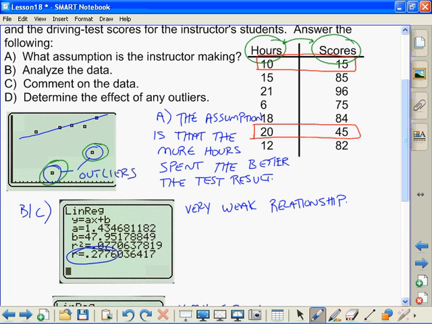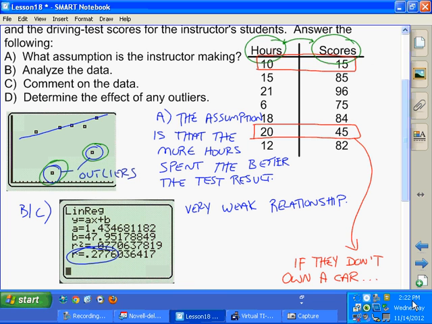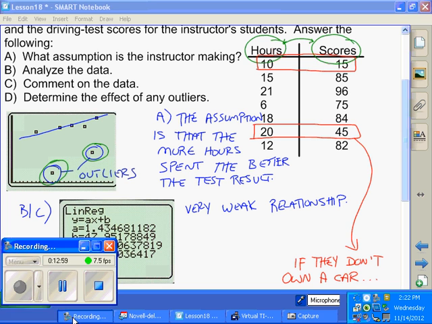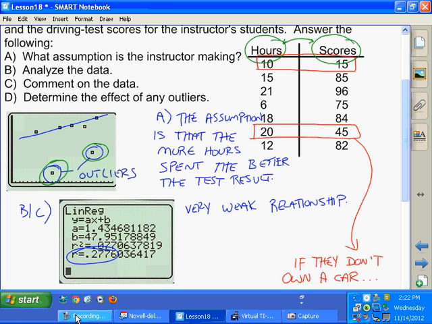Okay, if you have someone, for example, the 20 and 45, if they don't own a car, or their parents don't, and they've never been in one, never actually had to ride around in one, and now want to get their license, it's like starting from ground zero. So you've got to be very, very careful when you're comparing data and figuring out exactly what conclusions you want to draw from that. All right, so just keep that in mind.